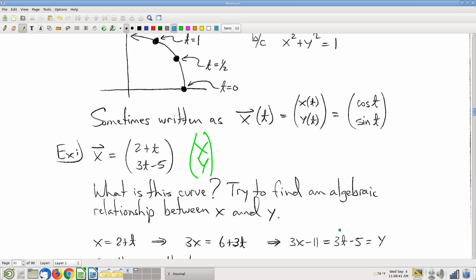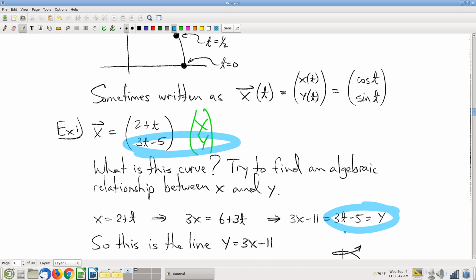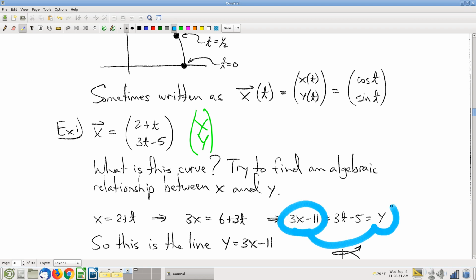I then recognize that 3t minus 5 is the y that I was hoping for. And lo and behold, I have what I wanted. Just by messing around with it, I have generated a relationship between x and y. Namely, I have an equation that all of these points on the parameterization satisfy.